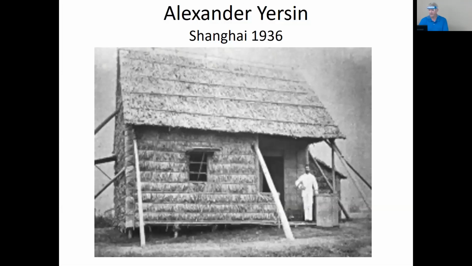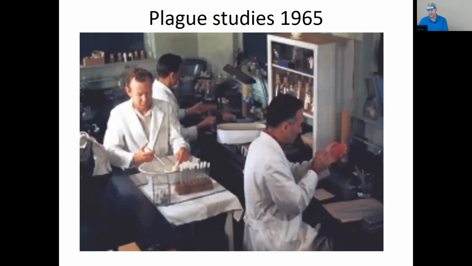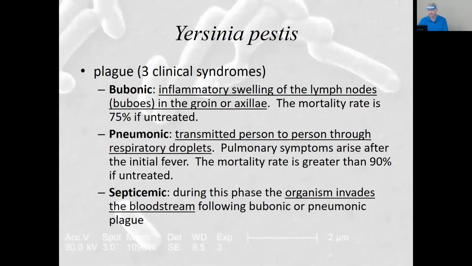Shanghai, 1936. This is Alexander Yersin. Now you might know where Yersinia got its name. Plague studies in 1965, showing you no gloves, right? At least they have lab coats on. Here are the three clinical forms: bubonic, pneumonic, and septicemic. These are the three different ways Yersinia pestis, or the plague, presents itself.